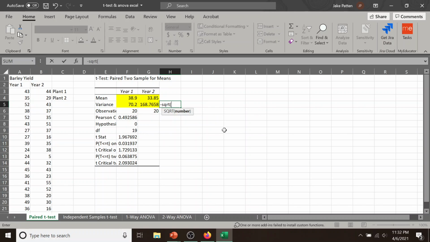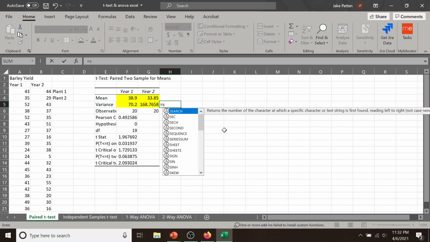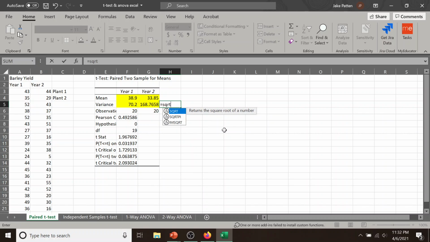So you can type in equals, because every formula starts with an equal sign, SQRT, open parenthesis, because after every operation that we type in, each operation that Excel is going to do, like a piece of code that it already has in it, you have an open parenthesis.